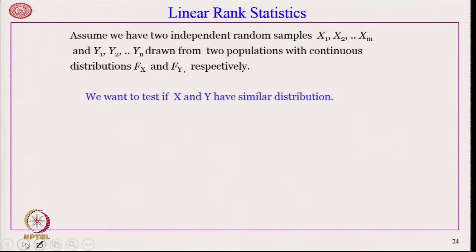Suppose we have two independent random samples x 1, x 2, up to x m from the x population and y 1, y 2, up to y n drawn from another population, with continuous distributions f x and f y respectively. We want to test if x and y have the same or similar distribution.